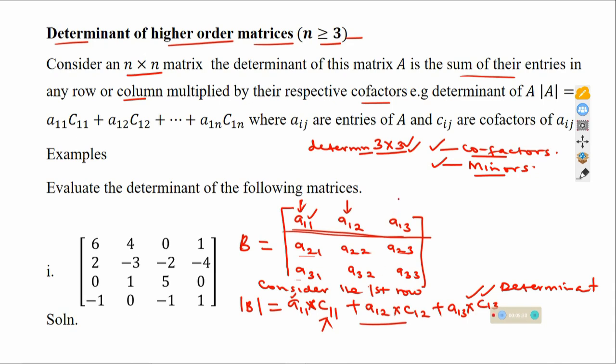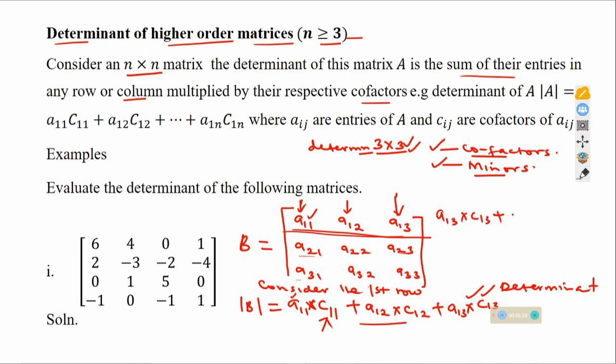So for someone who considers a column, for example, the third column, it means you will take a13 times the corresponding cofactor C13.